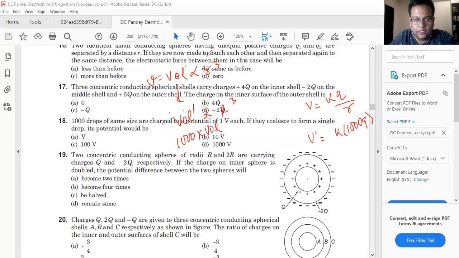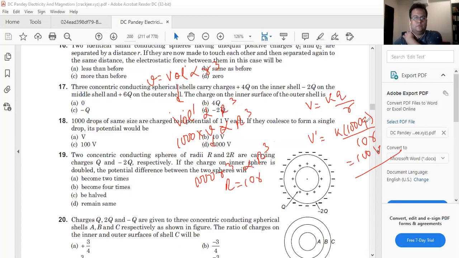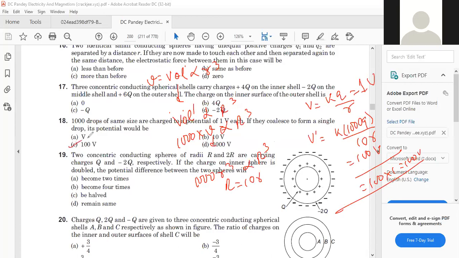Then I can write it as 1000 into small v is proportional to R cube, and small v की जगह मैं क्या लिख सकता हूँ? Small r cube. So 1000 into small r cube is proportional to capital R cube. So capital R is what? 10 r. So you'll get it as 100. अगर ये V का value 1 volt दिया हुआ, तो 100 into 1 will be 100 volts. Okay. Yes, sir. Next.